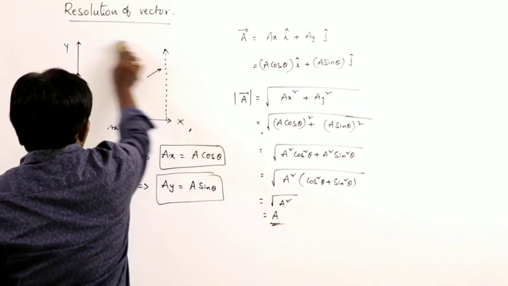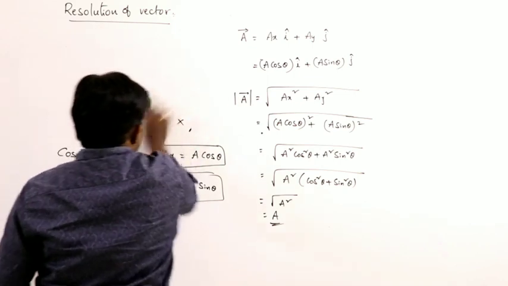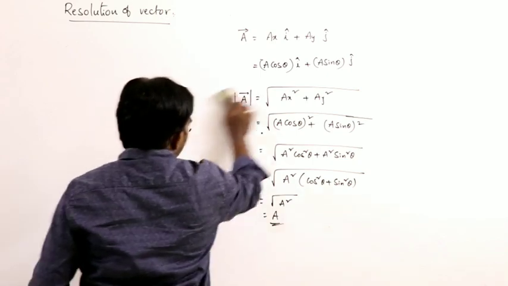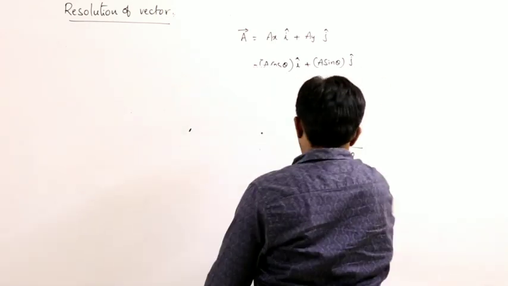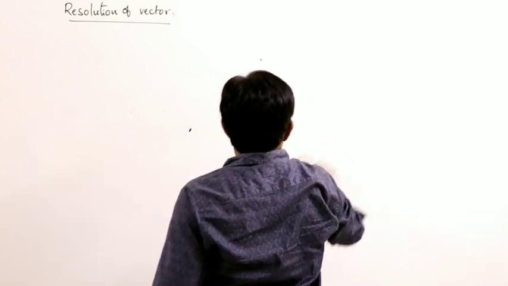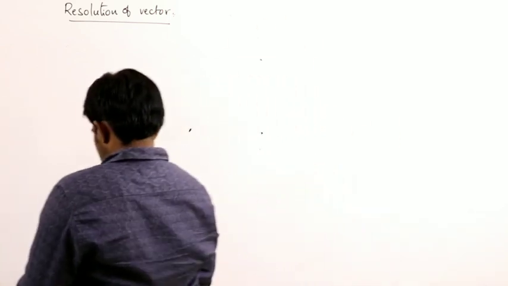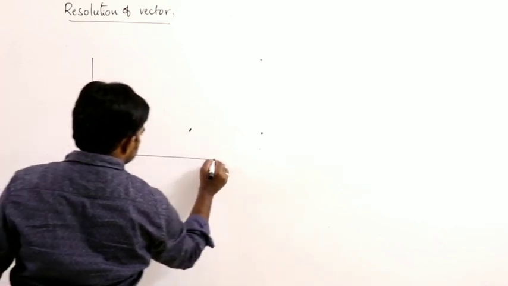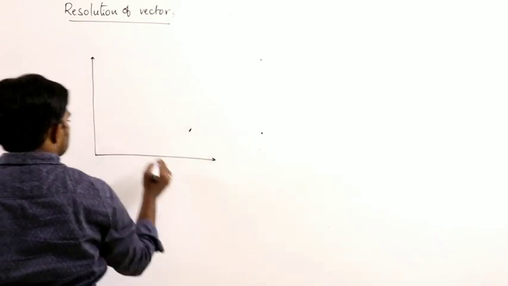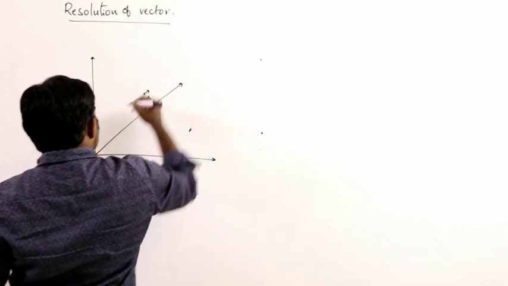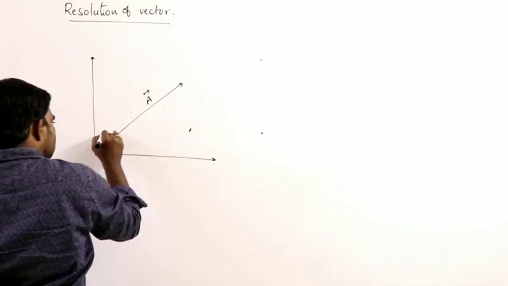So, let us do one thing here. For example, the same thing, see here, this is the vector A bar.